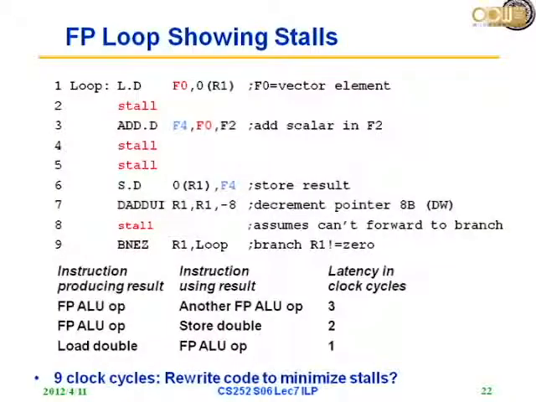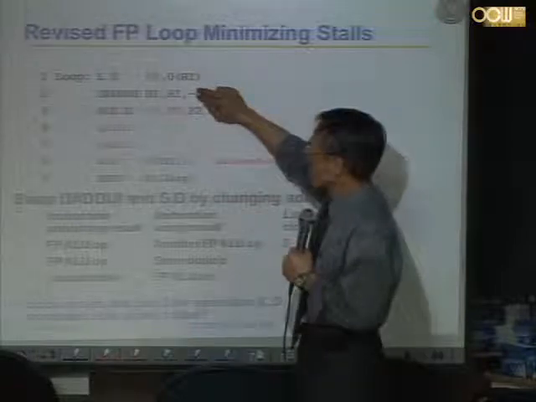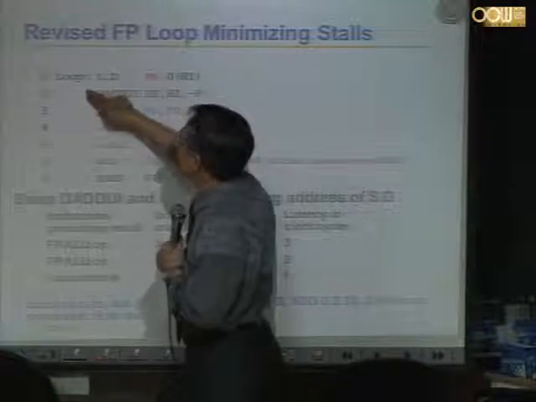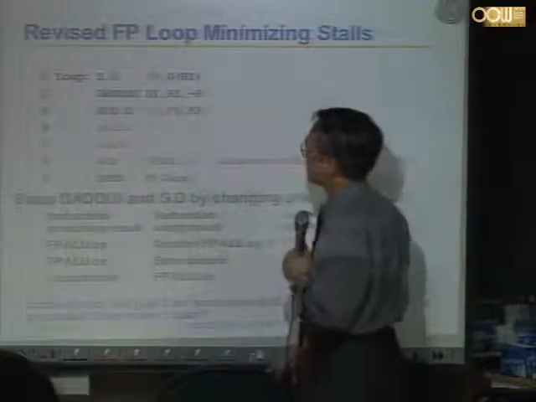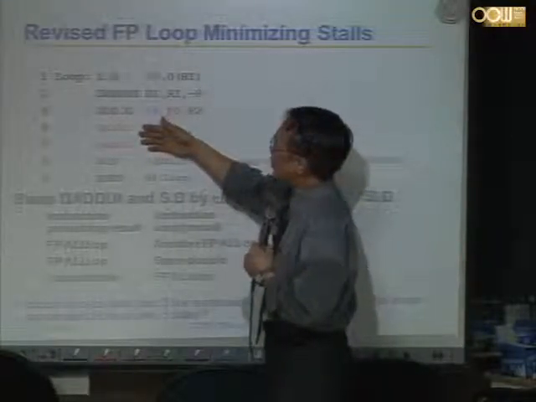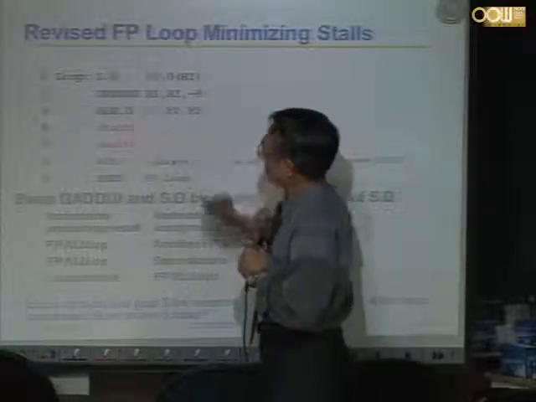Can we rewrite code to minimize stalls? Yes, we can. We do load first and don't do add immediately. We adjust loop index first to fill the stall cycle, which should have been here between load and add. Okay? And here we have no more independent instructions to substitute in, so there will be 2 stalls.